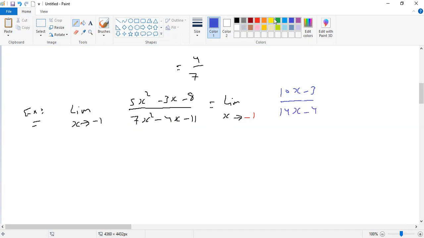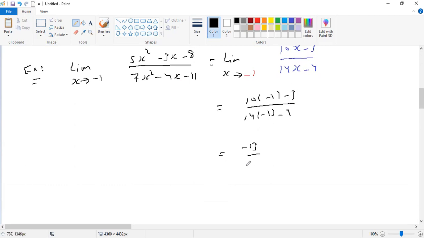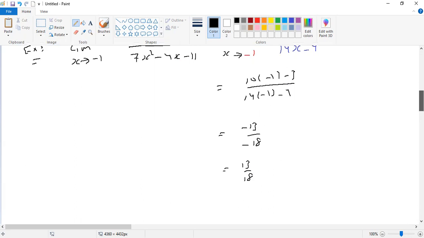Now replace x with -1: the numerator is 10 times -1 minus 3, which is -13, over 14 times -1 minus 4, so it will be -18. So it will be 13 over 18.